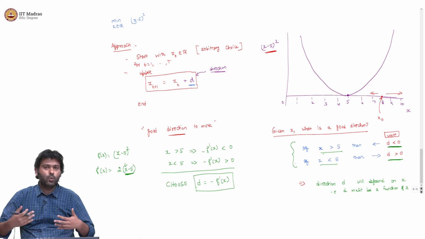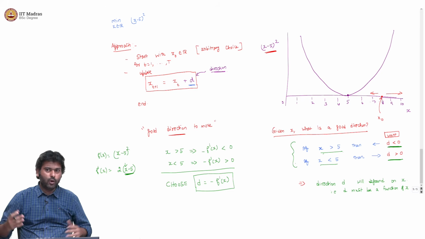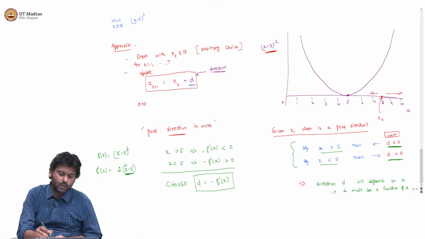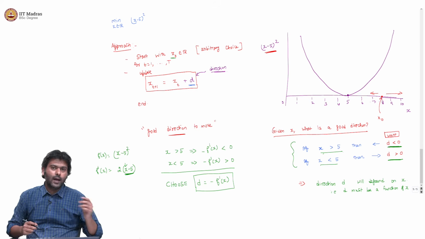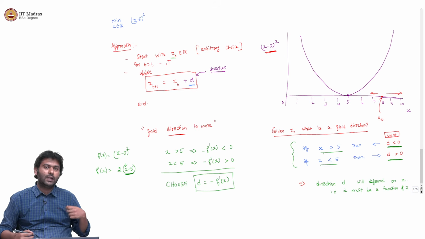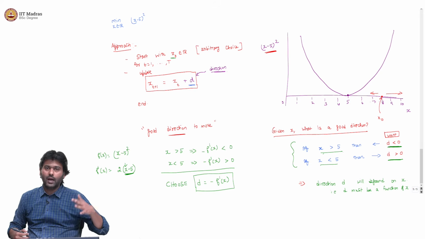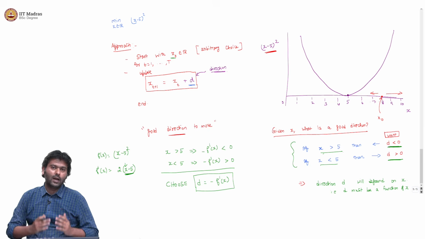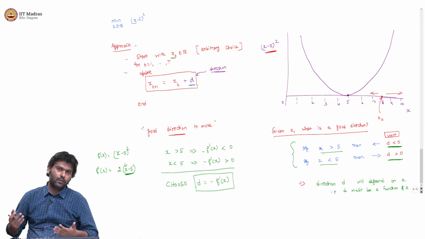So, what is going to be our algorithm at this point? Well, we are going to start from some arbitrary x naught, and then we are going to find the derivative of the function at x naught, take its negative and add it to x, and keep doing this iteratively, right.